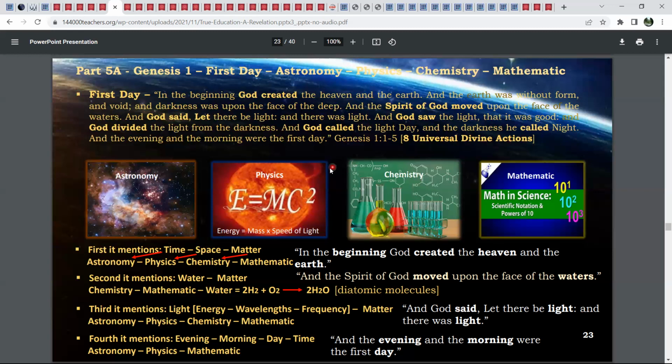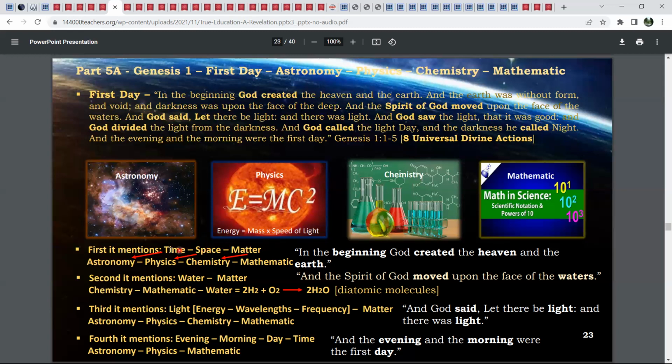But there are other points that we need to look at too, that in these simple words of verse 1 of chapter 1 of Genesis, the first verse of the Bible, they are beautiful, what we call universal laws. In the beginning, God created the heaven and the earth. Beginning is time. Heaven is space. Earth is matter.